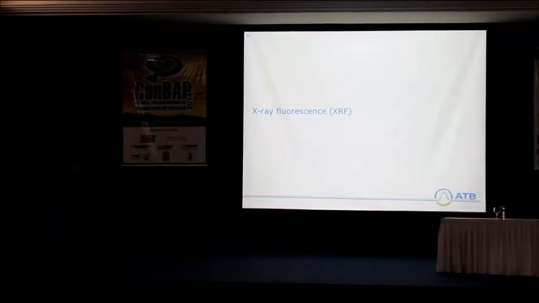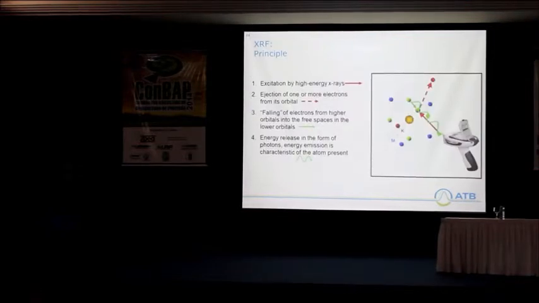My favorite sensor now is X-ray fluorescence. The principle is based on the excitation of electrons by high energy X-rays emitted by the sensor here. The electrons are ejected from the orbital, and as a response other electrons are falling down to the lower energy orbital, and during that process they emit X-rays, and these are measured in the sensor.